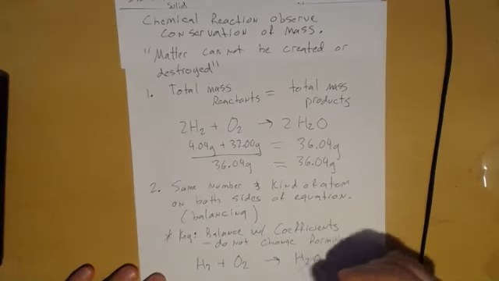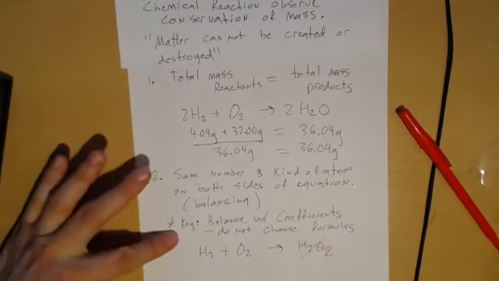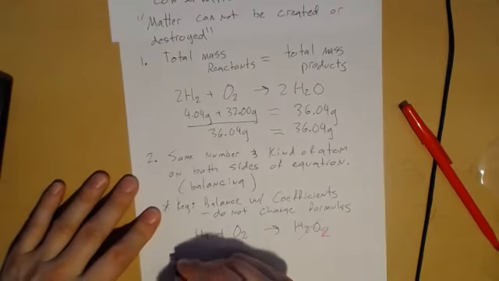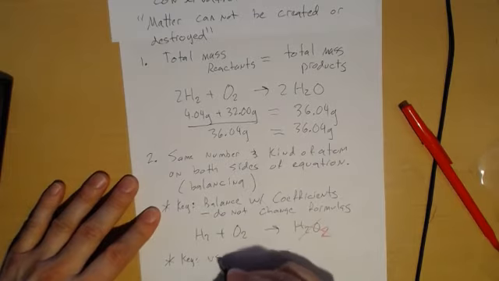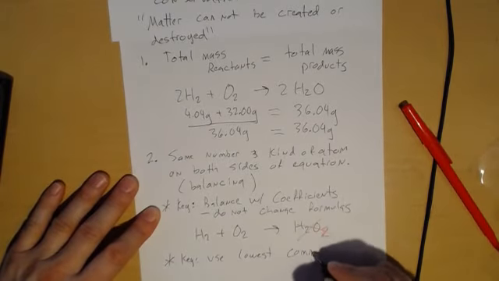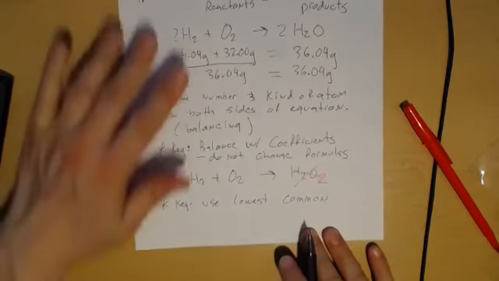So I wouldn't do that at all. Do not change formulas. Another key idea is you use the lowest common multiple. And this is similar to when we did naming.